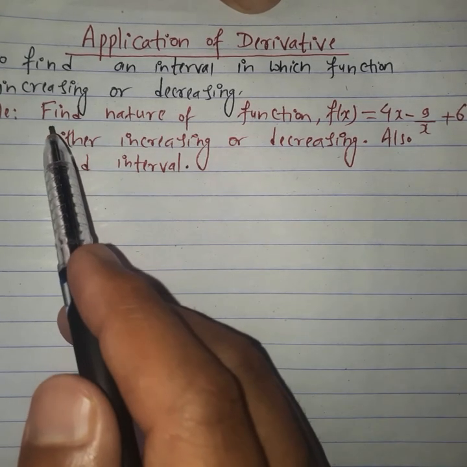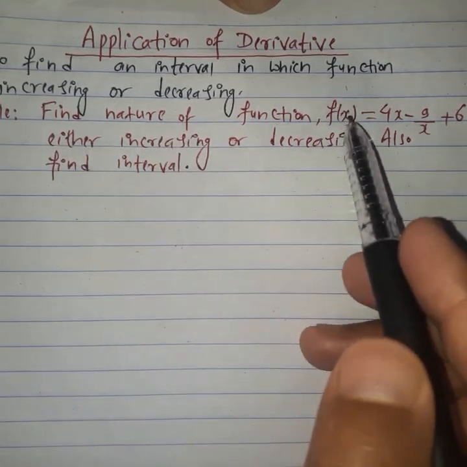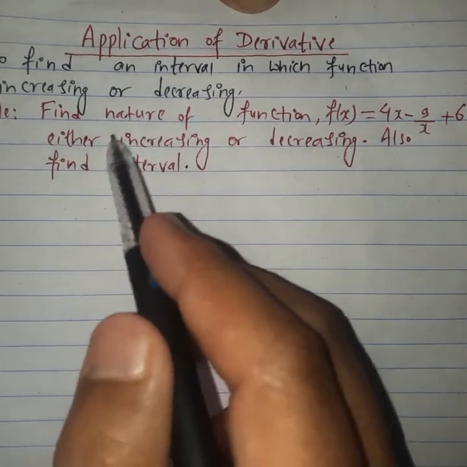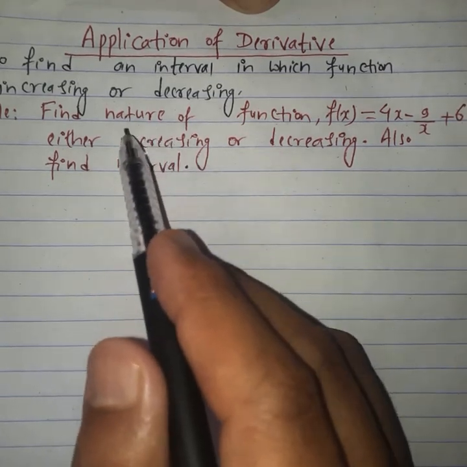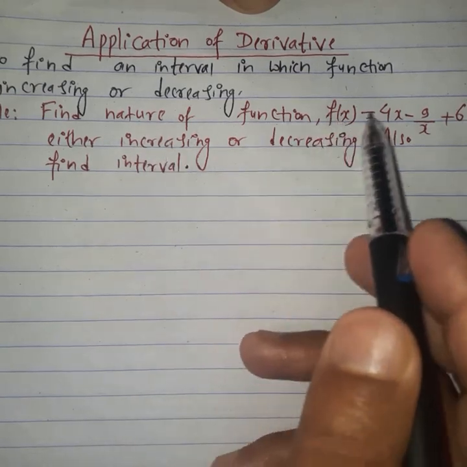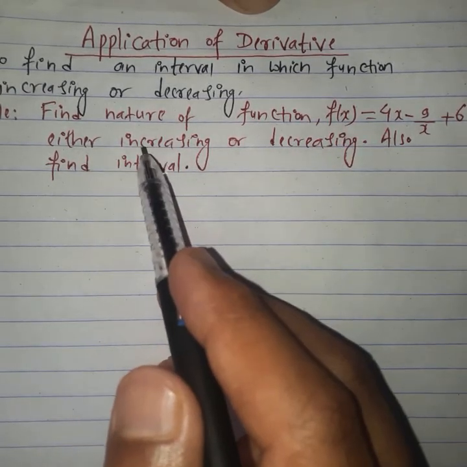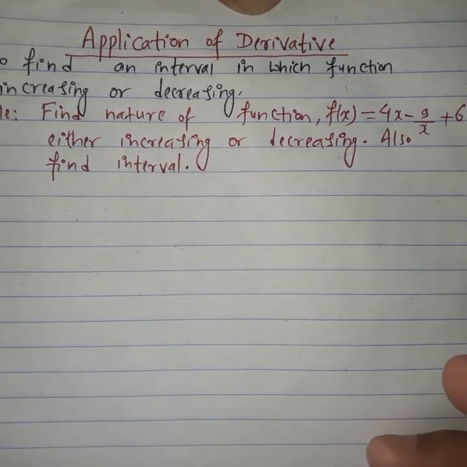Here I have taken one example. Find the nature of the function. Here the function is given, either increasing or decreasing. We are going to calculate the nature of this function, either increasing or decreasing, and also find the corresponding interval.